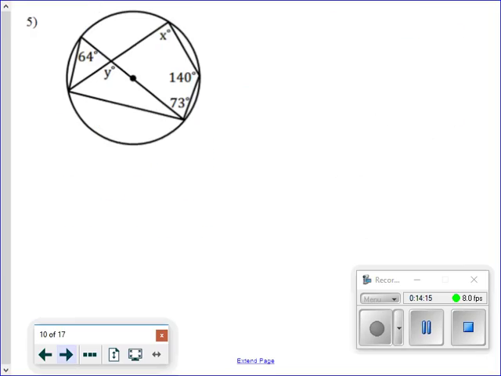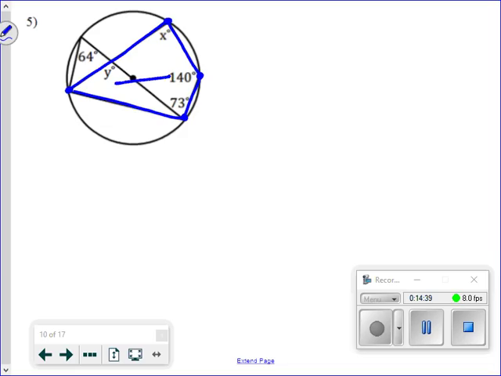Okay. So 5 is a little bit more intense. I went through and I tried to determine if I had anything that was cyclic. And the only thing I do is here, 2, 3, 4, back to here. All right.